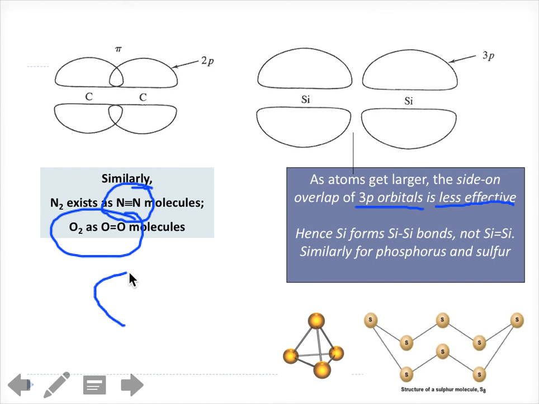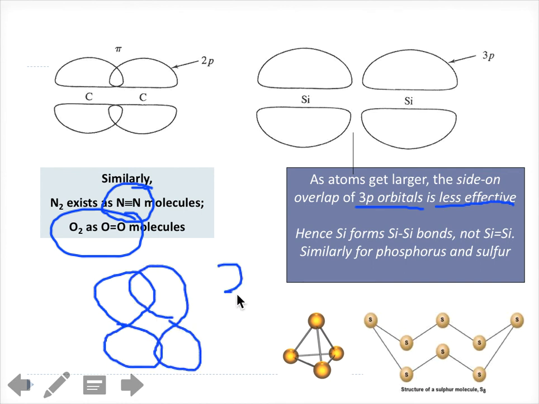When I overlap a 3p, the electron density here is much less than that in the 2p, because the same 2 electrons are distributed over a larger region of space due to the larger 3p orbital. So the overlap here is poor. It makes for a weak bond. Therefore, S2 will be highly unstable.